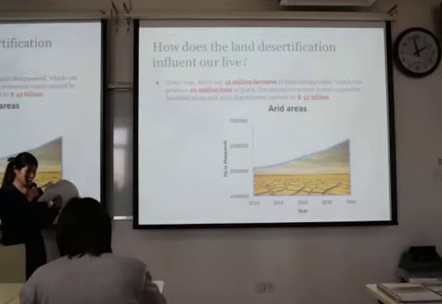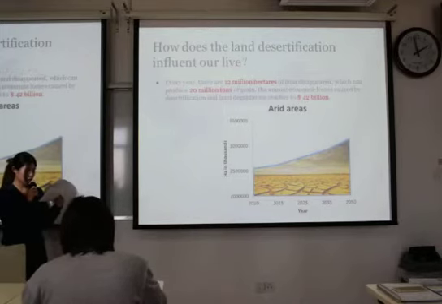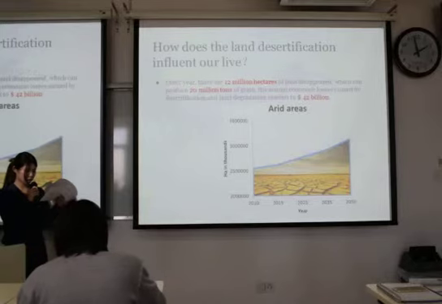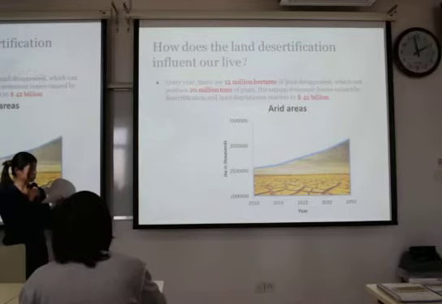The annual economic losses caused by desertification and land degradation reaches to 42 billion. If desertification continues spreading in 2050, there will have about 3 million hectares arid area on the earth.